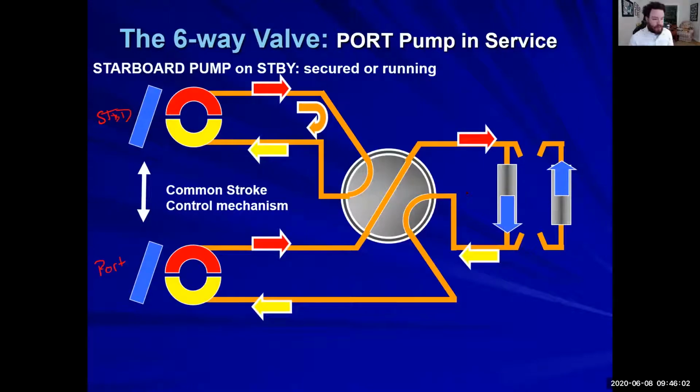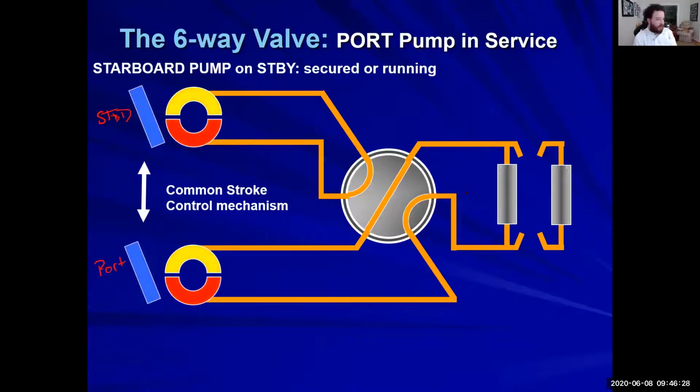As we can see, the port pump is going to be moving the rams just as the starboard pump was doing earlier. But now the starboard pump is going to be just circulating fluid in and out of the six-way valve. Whereas the port pump is going into the rams, back out of the rams, and back into the pump. All right. And again, it could do either direction. I cannot say that enough.